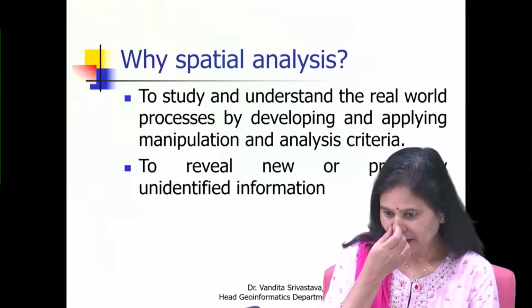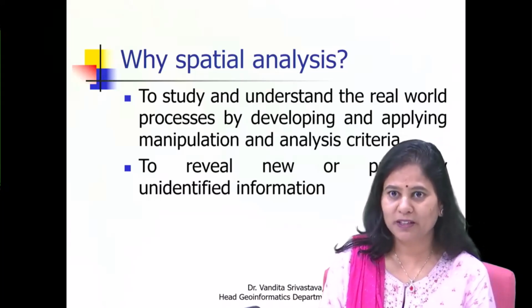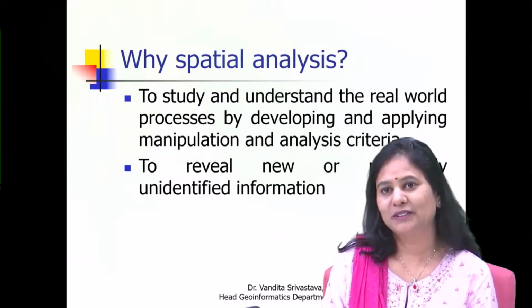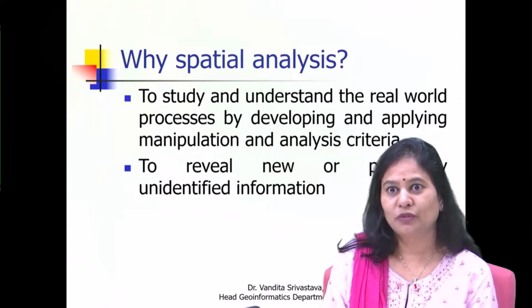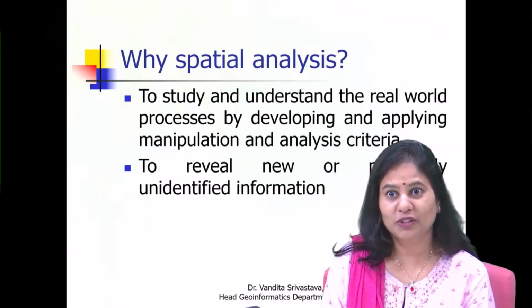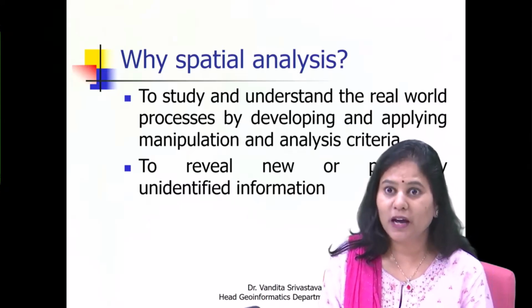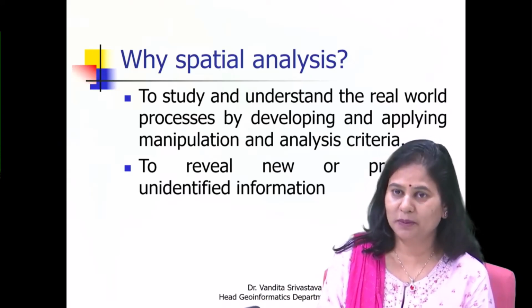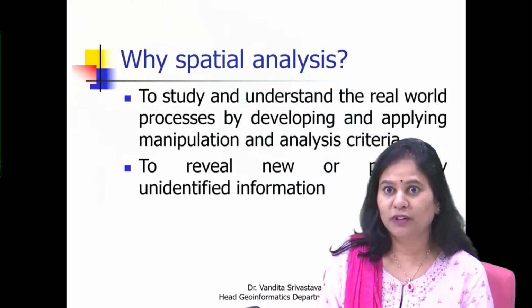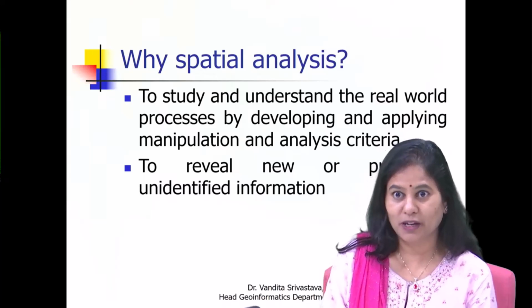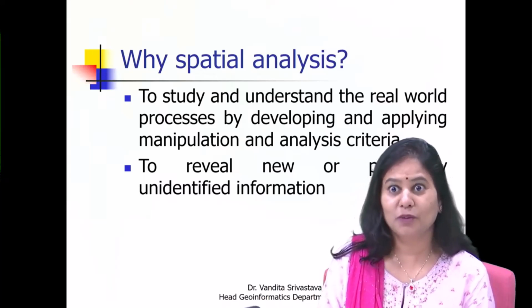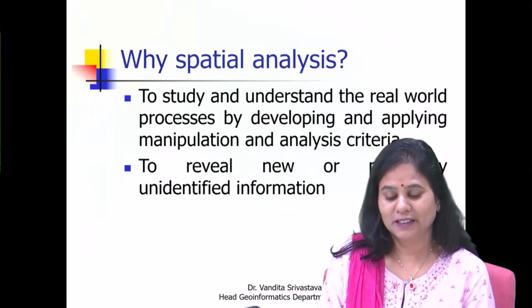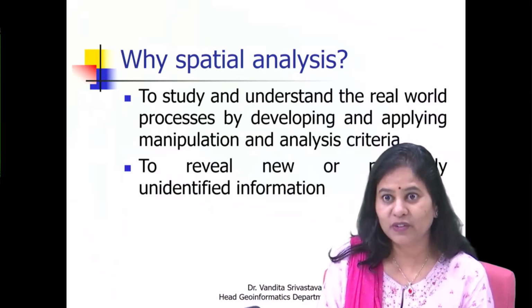For example, soil erosion is taking place, floods are occurring, biodiversity is changing, afforestation or deforestation is happening. How much deforestation has happened as an outcome of various anthropogenic activities, and how much afforestation has happened as an outcome of various efforts put towards planting trees?